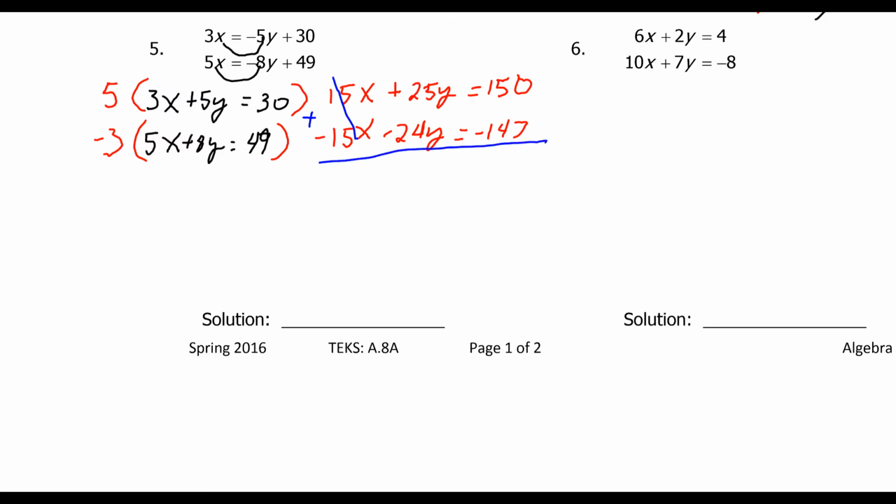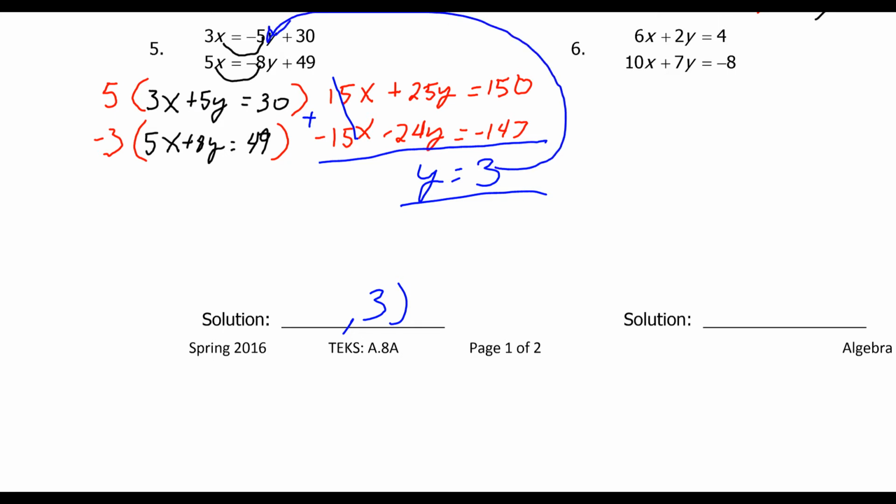All right, now, as you all know, when we add these, those 15s are going to cancel. We got 25 plus -24, which is going to be a single y. And then 150 plus -147 is going to be 3. All right, so we know that y is going to be 3. Okay, and just like before, we're going to take our 3 and plug it back into the top.